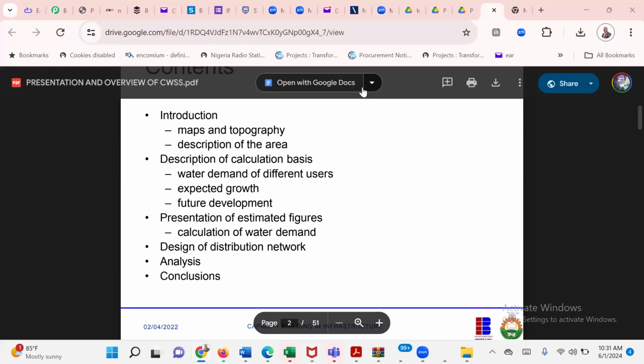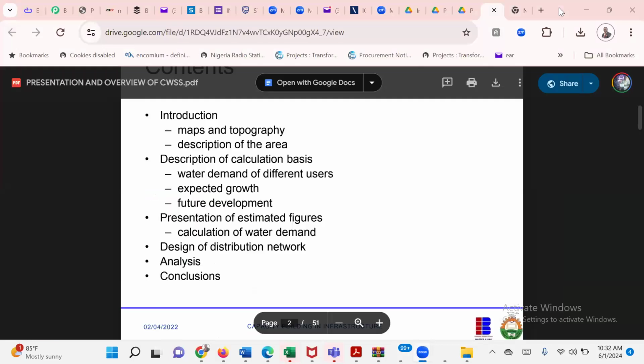So what is topo? Topo is basically showing the level, showing the spot height, showing the elevation. Why do you need that? You need it because pressure is a function of elevation. 95% of water reticulation system is via gravity.